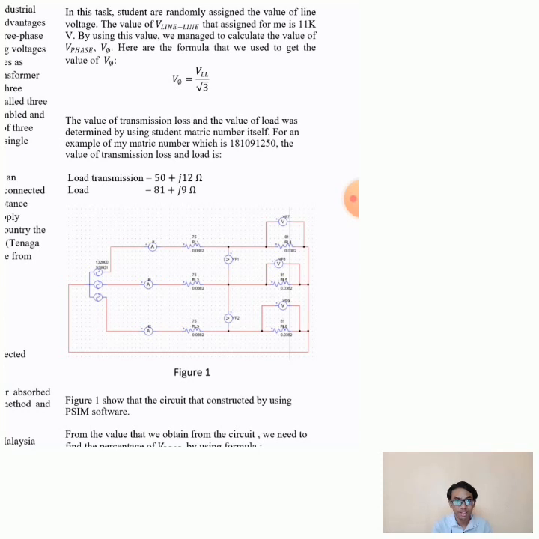The formula for V phase we can look at in the books. The values of transmission loss and the load are determined by the student metric number. It has its own calculation, which can be referred to in the guideline given by the lecturer.